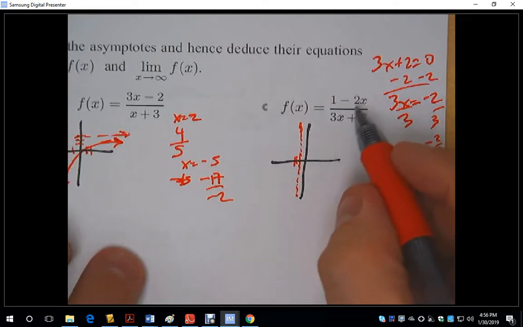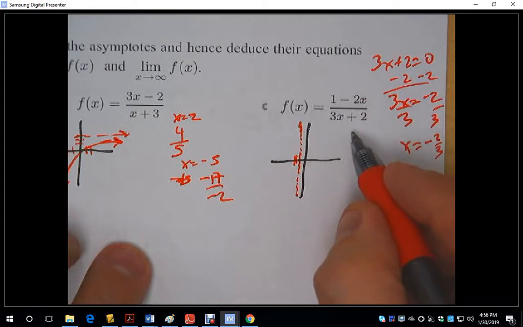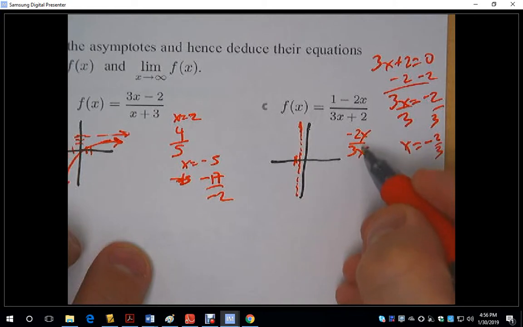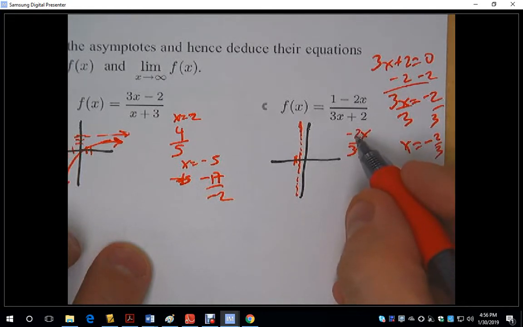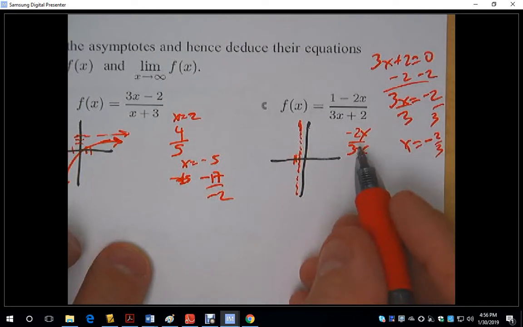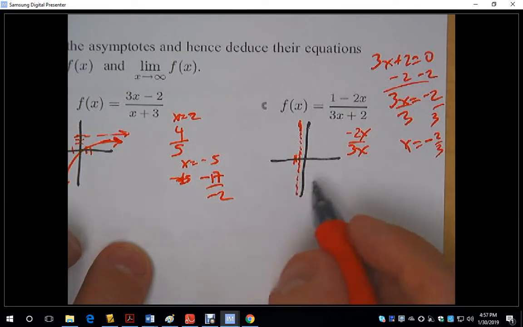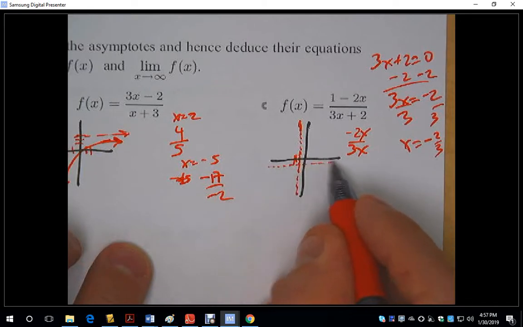If I look at my leading terms, they are going to be -2x over 3x. It looks like the degrees in the numerator and denominator are the same, so I'm just going to go with the coefficient. So that's going to be -2/3, so that's going to be right here, not even -1.